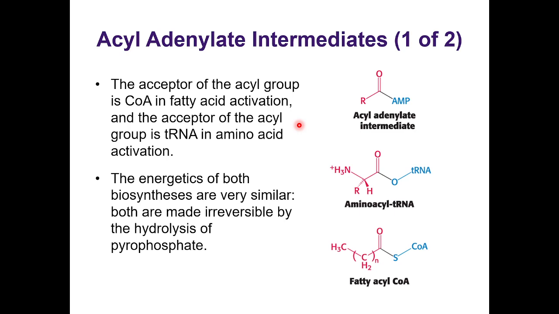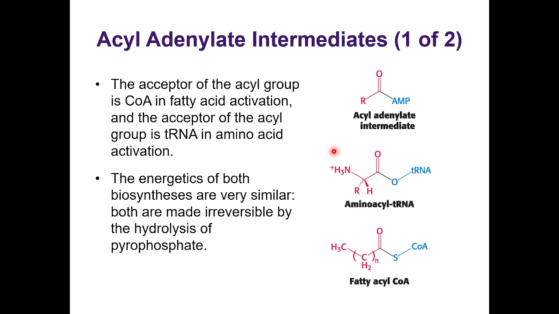The acyl adenylate intermediates are right here. So this is the acyl adenylate intermediate right here. This is the aminoacyl tRNA, and this is the fatty acyl-CoA right here. So the acceptor of the acyl group is going to be CoA in fatty acid activation, and the acceptor of the acyl group is going to be tRNA in amino acid activation. The energetics of both biosyntheses are very similar. In fact, you can make a lot of parallels between the pathways, right?